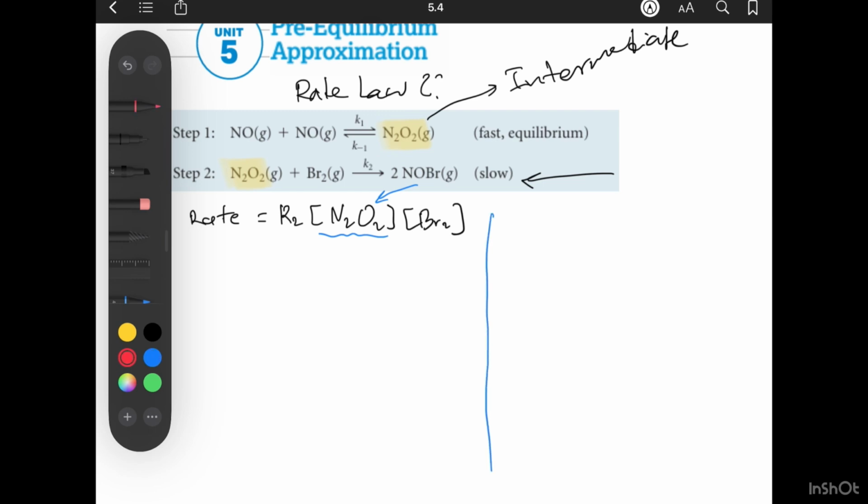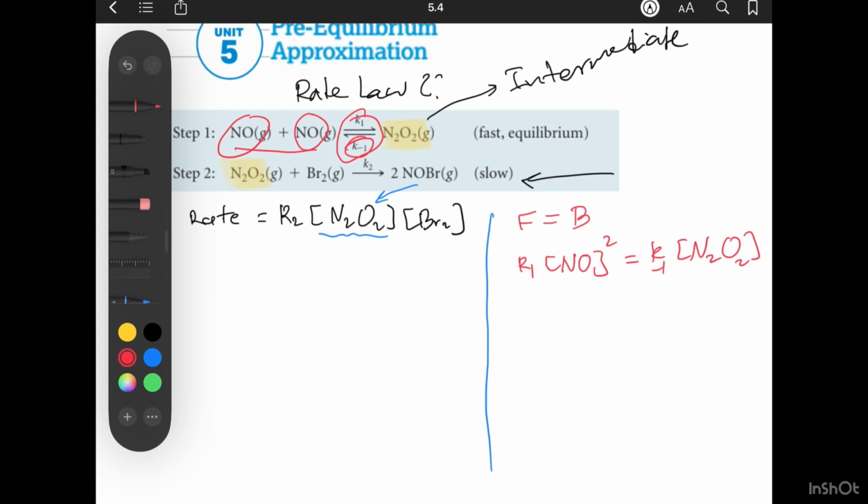Thankfully, we have the reversible reaction, and a reversible reaction means the rate of the forward reaction will be the same as the rate of the backward reaction. So the forward rate law is going to be k1 [NO]; you have two NOs in here, which means it's going to be NO to the power 2. And it's the same as k-1 [N2O2].